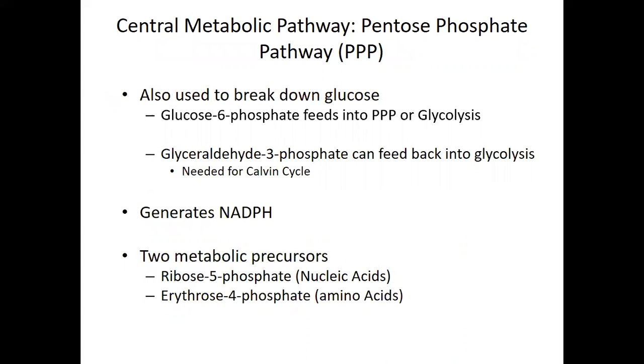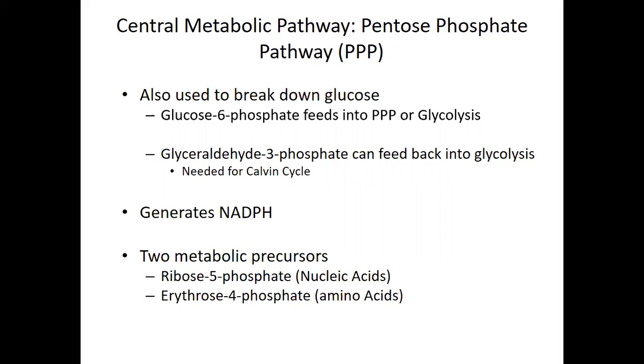So let's talk about the pentose phosphate pathway. The reason I have this next is because you'll see there's an important interplay between this pathway and glycolysis. So glucose 6-phosphate: glucose has entered the cell, it gets phosphorylated. When glucose gets phosphorylated, it has two options. It can either go into the pentose phosphate pathway or it can continue down the pathway of glycolysis.